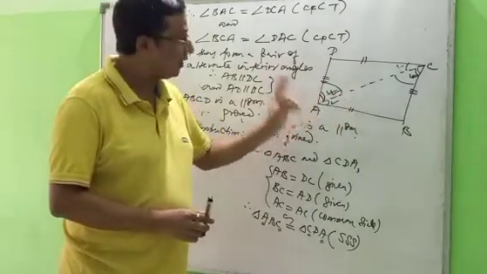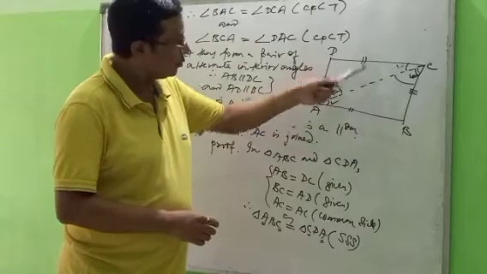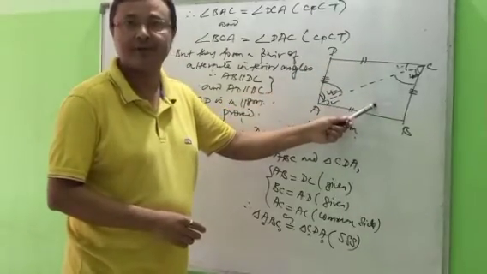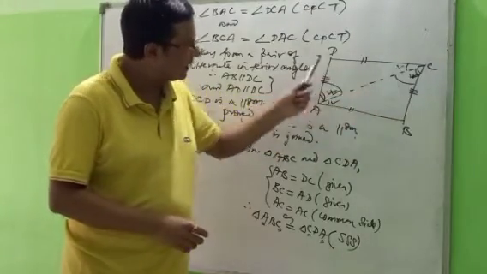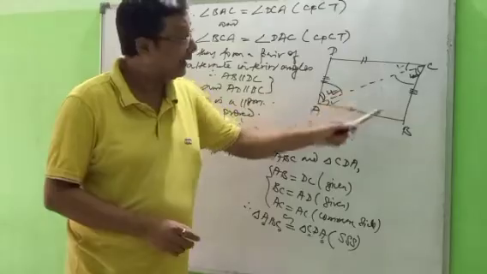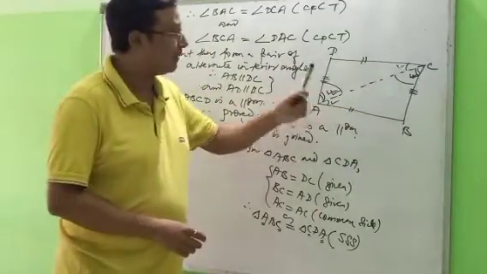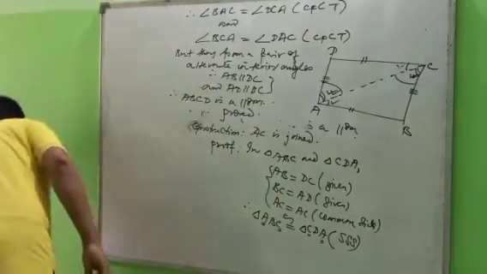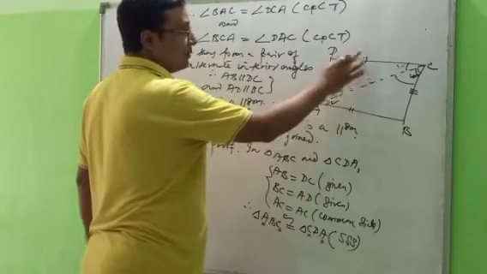So now you have learned one more: when both the pairs of opposite sides are equal, then the quadrilateral also will be called a parallelogram. Or else, if both the pairs of opposite sides are parallel, then also the quadrilateral will be called a parallelogram. Now, one more is there: if at least one pair of opposite sides is equal and parallel.